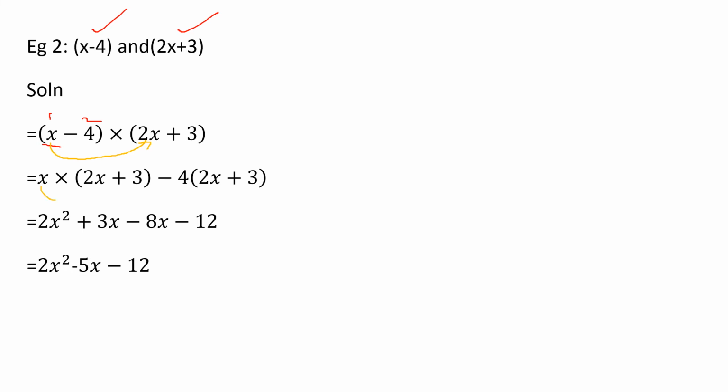So x into 2x. If you want you can write one more term, children. So x into 2x, what is the symbol next there? Plus. Plus x into 3. If you want, we can put a bracket, then it will look good.